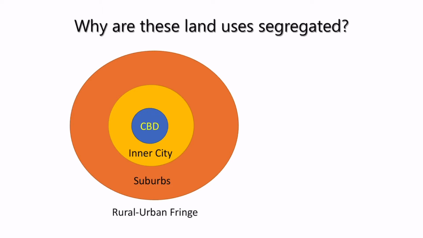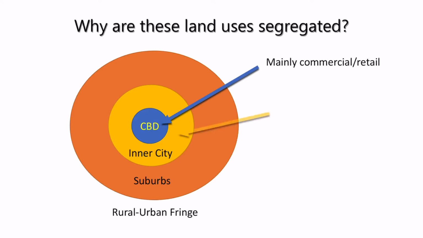It's a very generic look at what a city or an urban area might look like. And we can think about the fact that in these different zones, the land use can often be dominated by completely different uses. In the CBD, you might remember that it's mainly commercial and retail, but in the inner city, it's poorer residential and older factories.